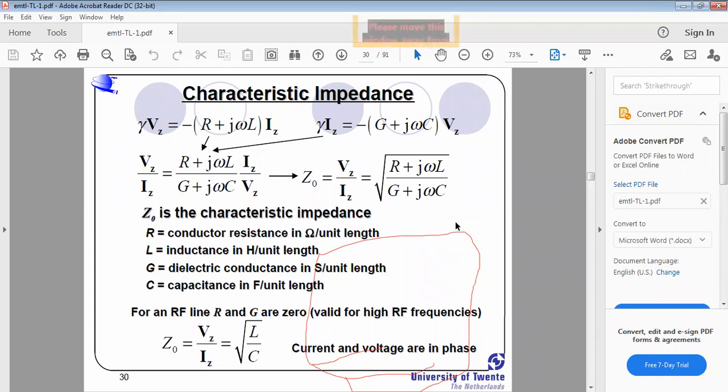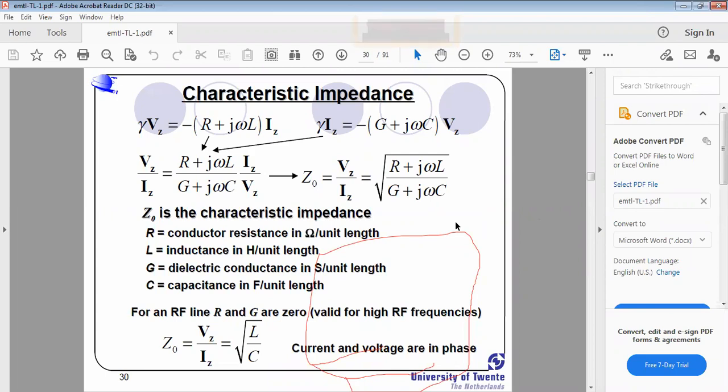Taking the Vz by Iz whole squared, we get Z equal to the square root of (R plus j omega L) by (G plus j omega C).